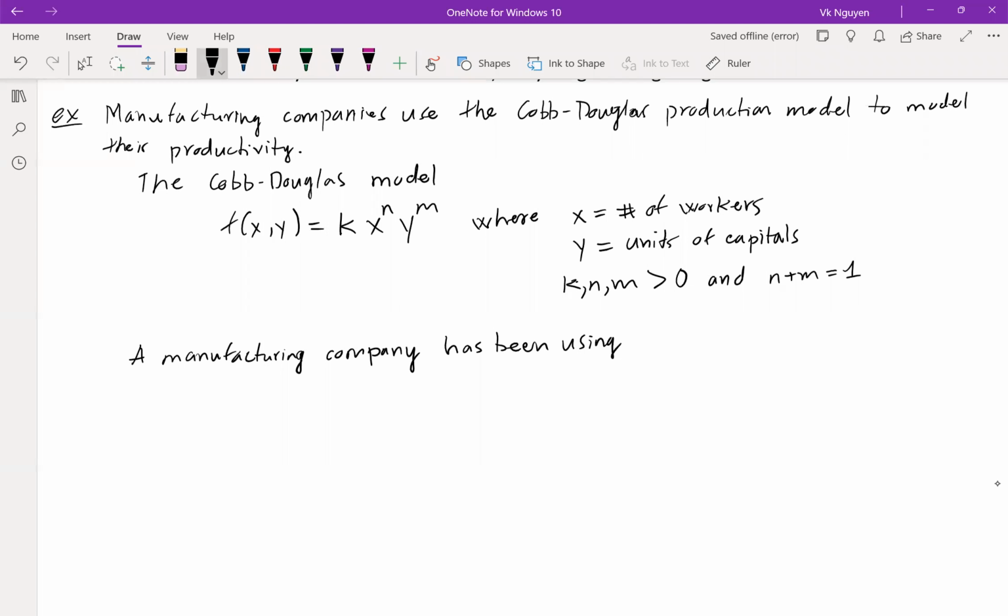I'm going to input the model here. F(x,y) equals 10 x^0.2 y^0.8 to model their production level.